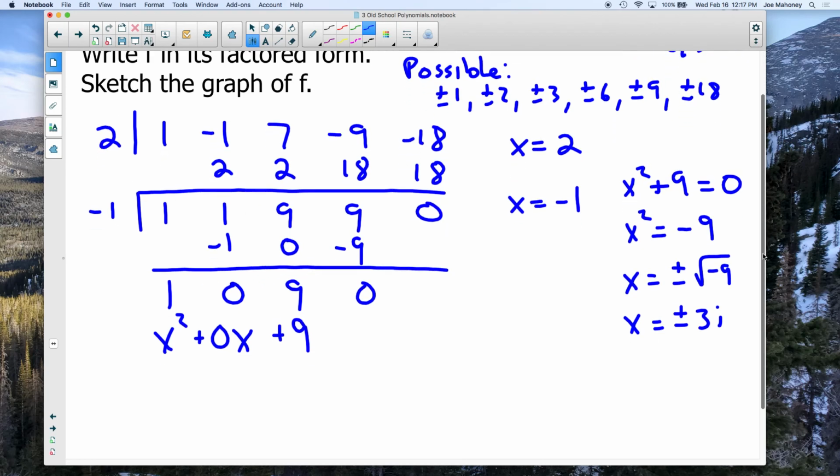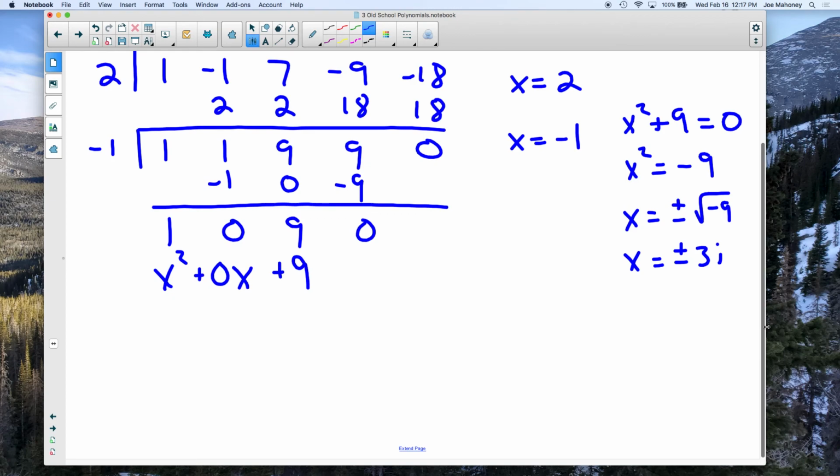So if we're going to sketch a graph of this thing, we'll put our graph like right here maybe. And I'm going to move my y-axis down a little bit, because I know those 2 values are 2 and -1, but then I'm way down here at -18. So again, I think it's an x to the 4th.